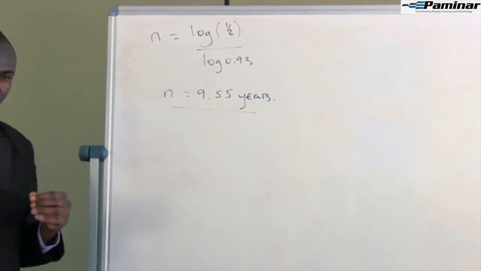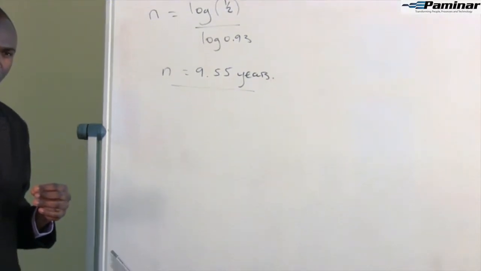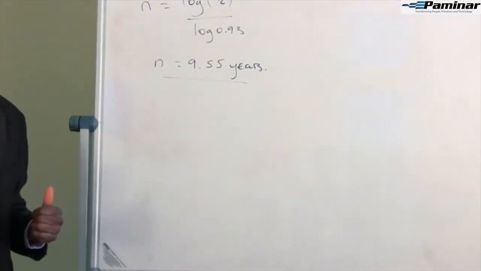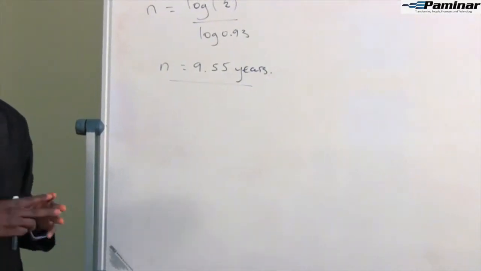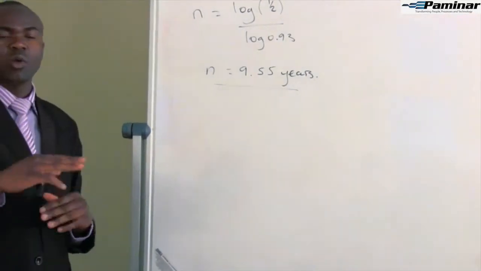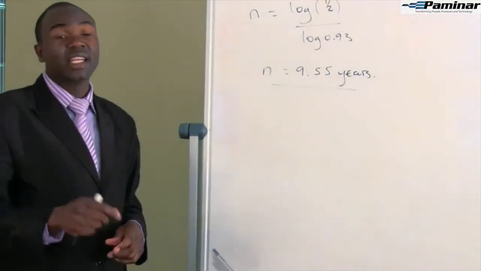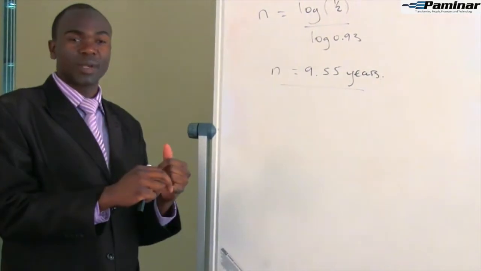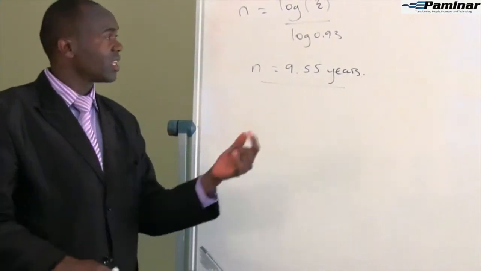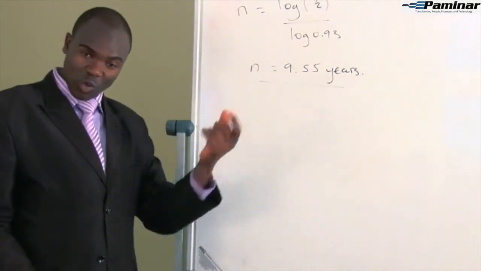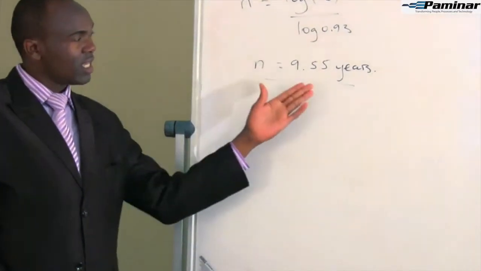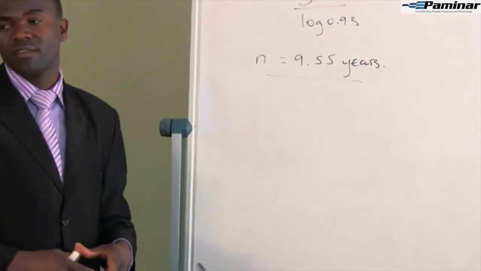I want to know if we're supposed to do that. For this one, there was no need. If the question just says how many years or how long, you don't need to express it in months. Unless it specifically says express in months, then you have to multiply by 12. But if it just says years, then 9.55 years, done.